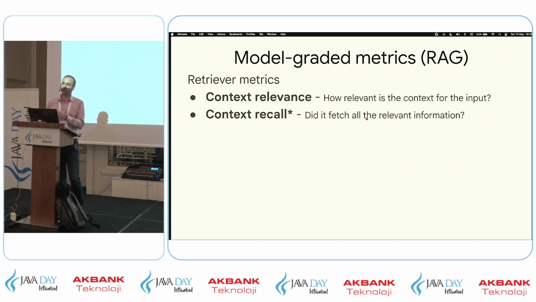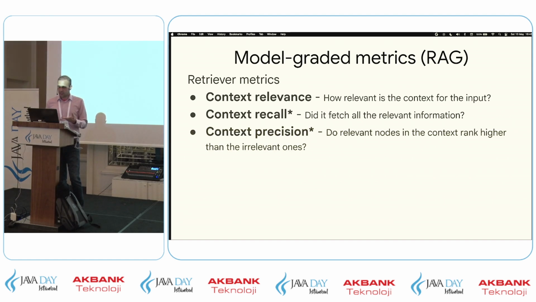Because you want to make sure that your retriever fetches all the relevant information. Precision answers the question of do relevant nodes in the context rank higher than the irrelevant ones? Because ideally you pick the right things and they are ordered in the right order, so that if you pick the top 10, top 5, they are the best ones, right? So these are the retriever metrics.